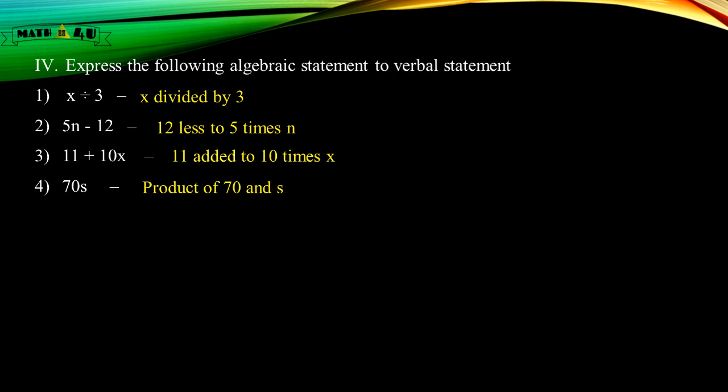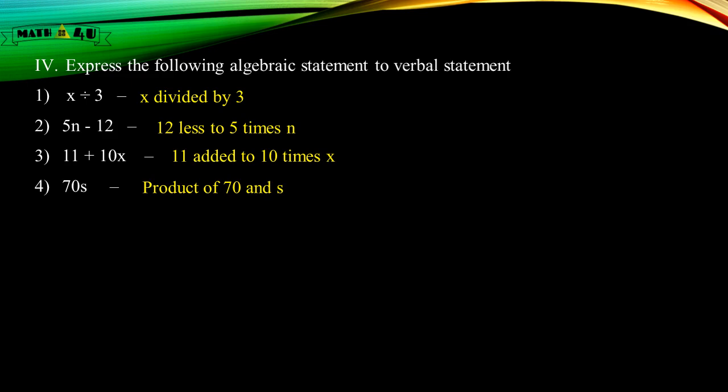Express the following algebraic statement to verbal statement. X divided by 3. You can write this as x divided by 3. Next, 5n minus 12. 5n can be written as 5 times n. For minus, you are going to use less.